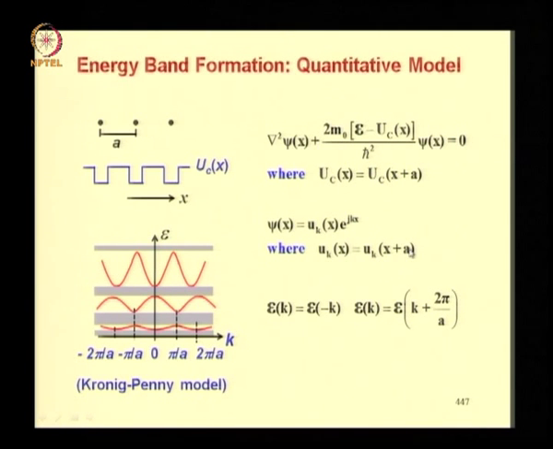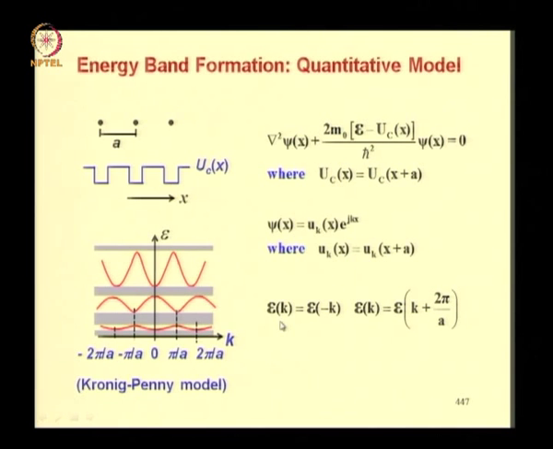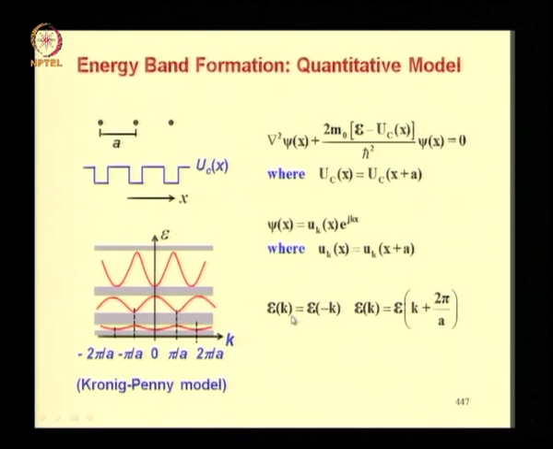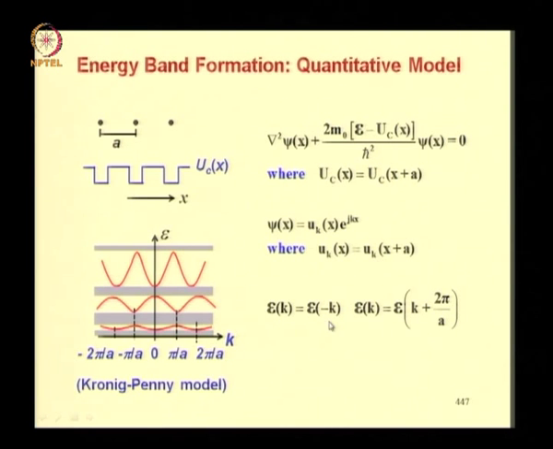Now a consequence of this kind of situation is that the E-k relation is even, so E(k) is equal to E(-k). We argued why this should be so, and further E(k) is periodic with period 2 pi by a. So both these are consequences of this kind of a solution of the Schrodinger's equation for periodic crystal potential.